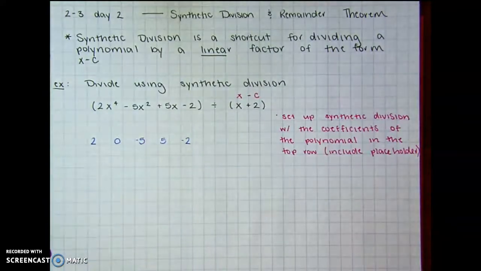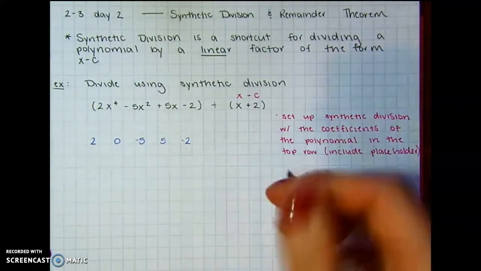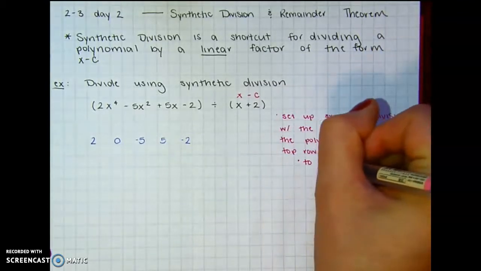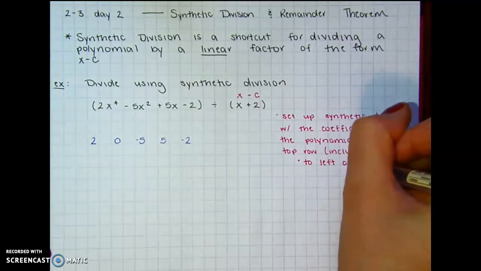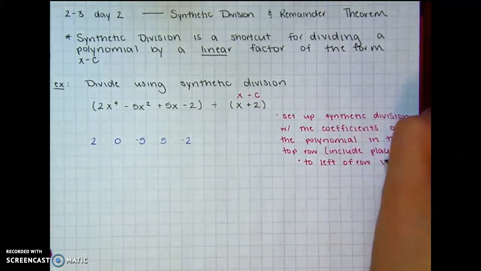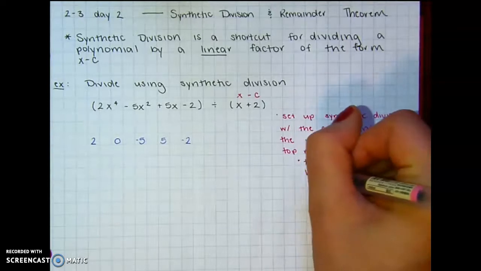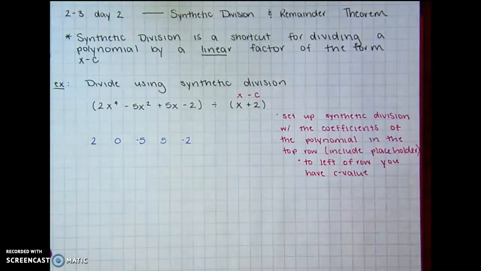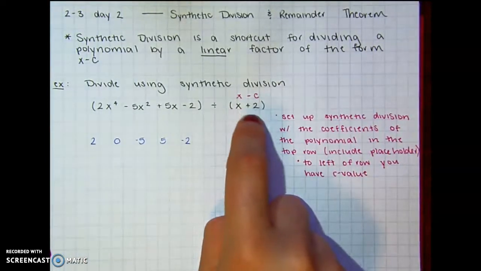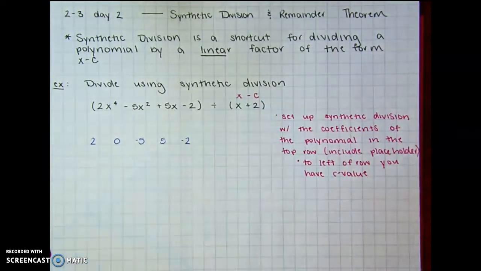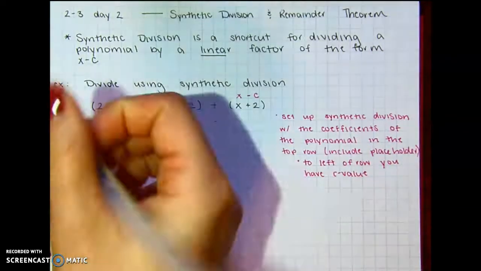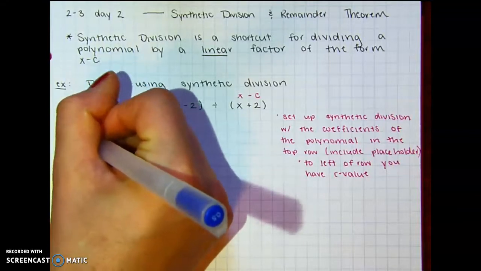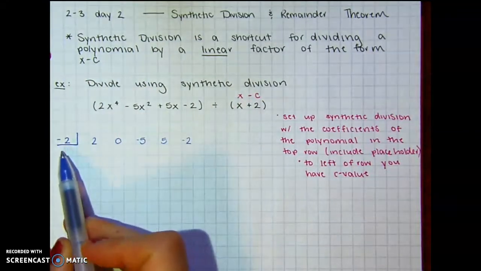Okay. And then to the left of that row, you have your c value. Now be careful, it's just c, so because this is x minus c, that means our c value here is going to be negative 2. So we put negative 2 to the left, and we kind of put it in this little box to show that this is c.